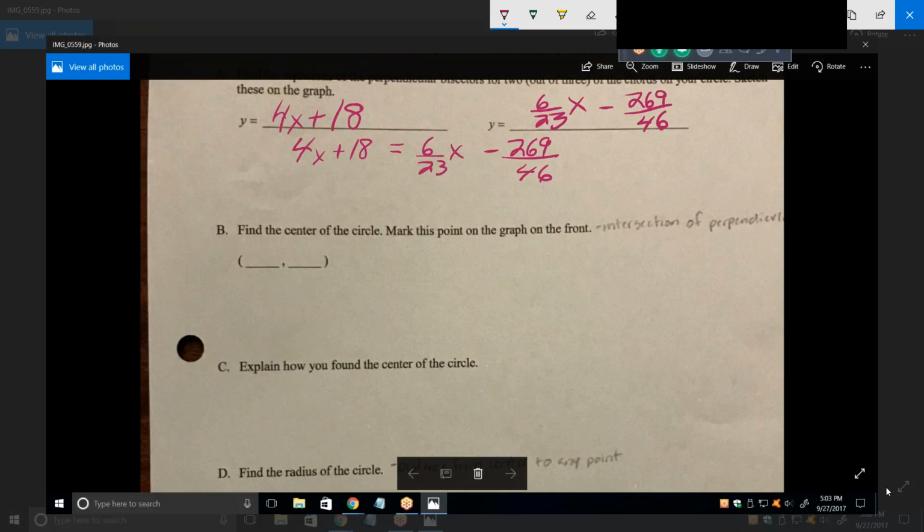This is a very messy fraction, but if I can get rid of both denominators in one step, it's going to clean it up a lot. What do I have to multiply both sides of the equation by in order to get rid of both denominators on the right side?